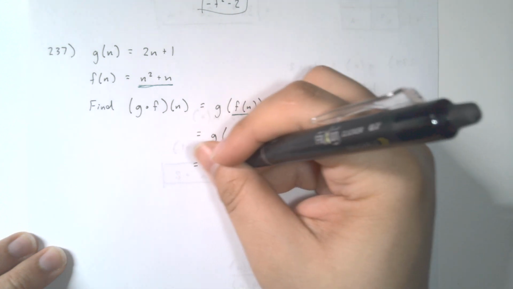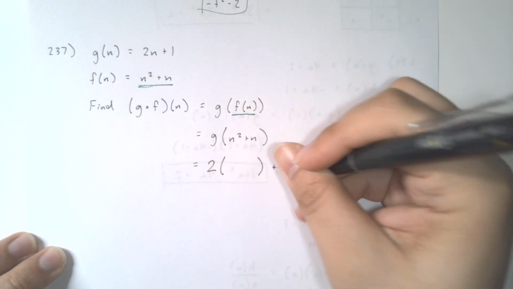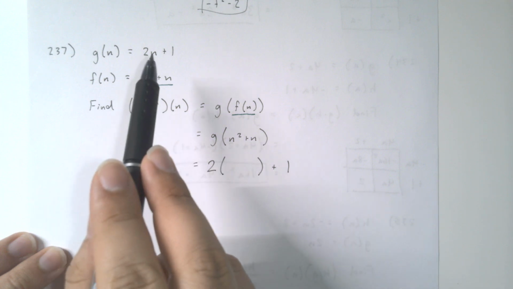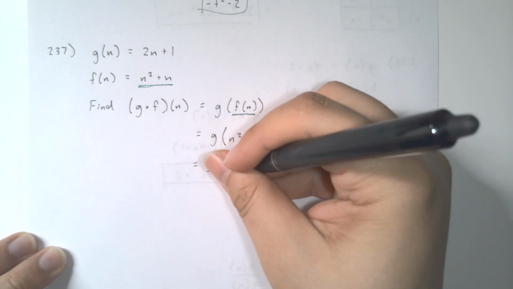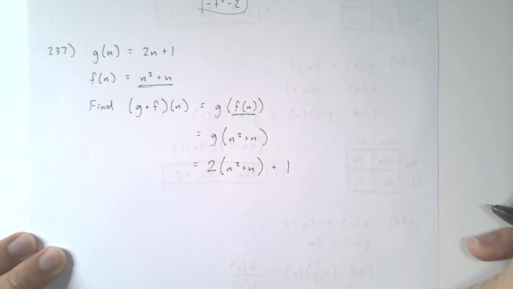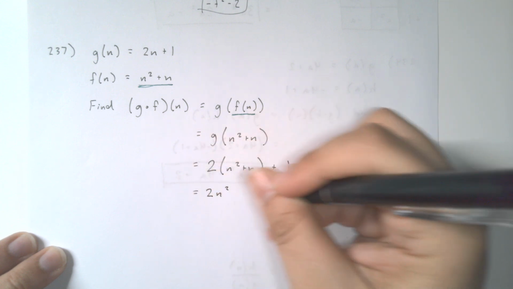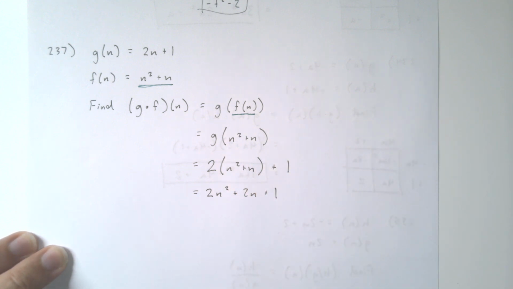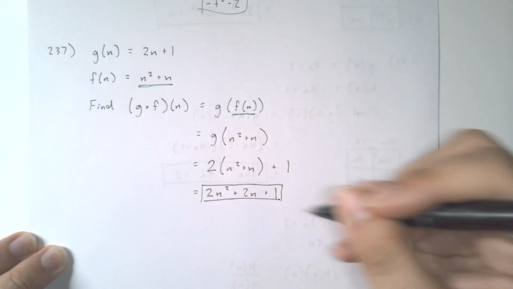So we're going to have 2 times n squared plus n plus 1, but instead of an n right here, it all gets replaced with that. So we have n squared plus n. And now we have to simplify this. This is 2n squared plus 2n plus 1. And this can't be simplified any further. So this is our final answer.